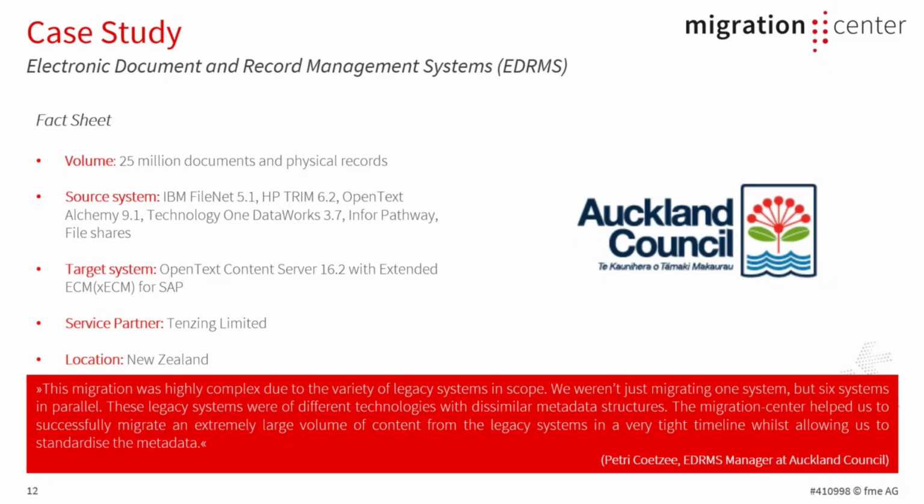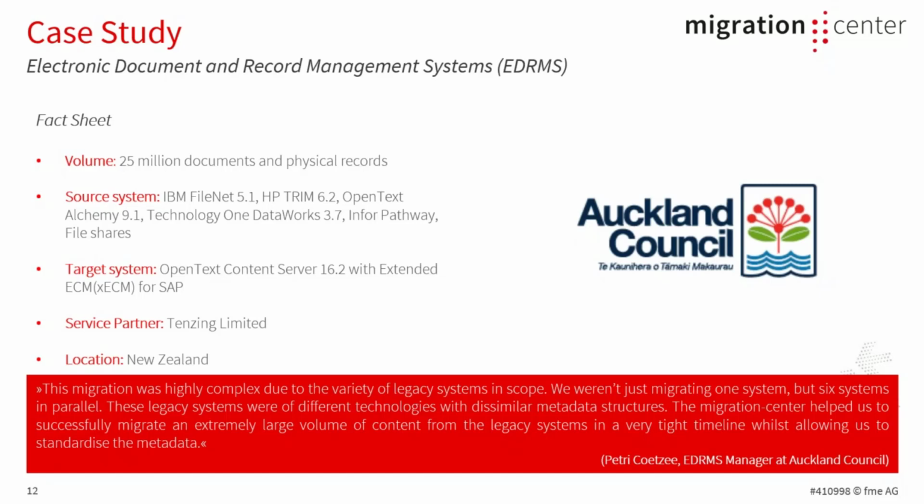The main goals here were to consolidate the 6 legacy systems. That was one of the most important parts, because you can imagine it's really cost intensive in terms of support and maintenance of those systems. There was also the risk linked to end-of-life technology, as some of those products are out of life and not supported anymore.